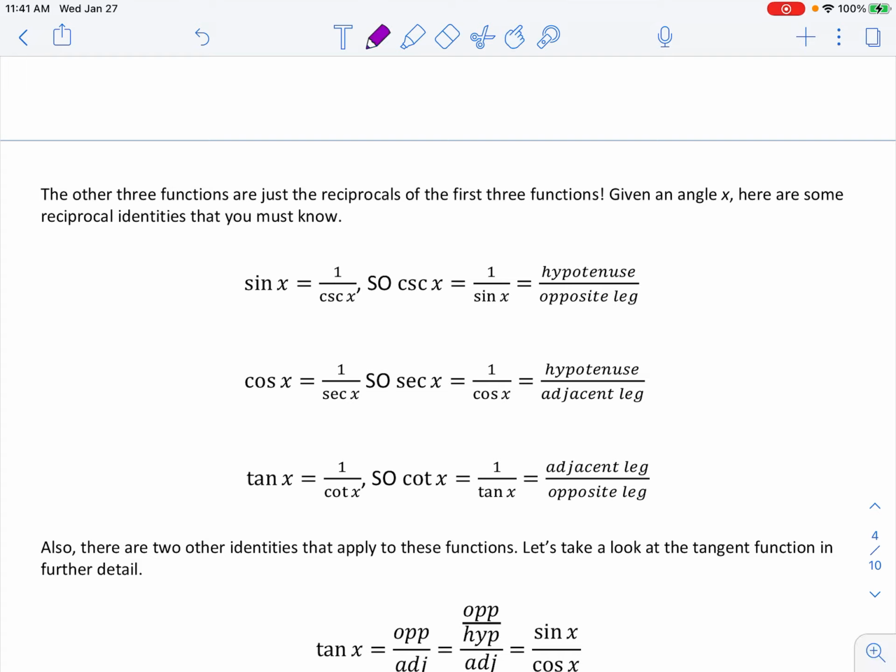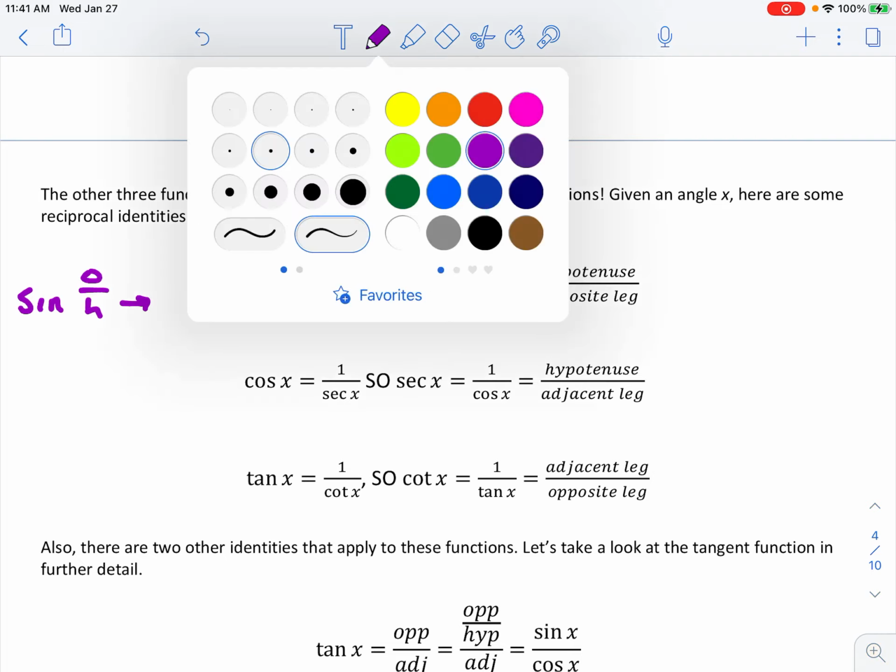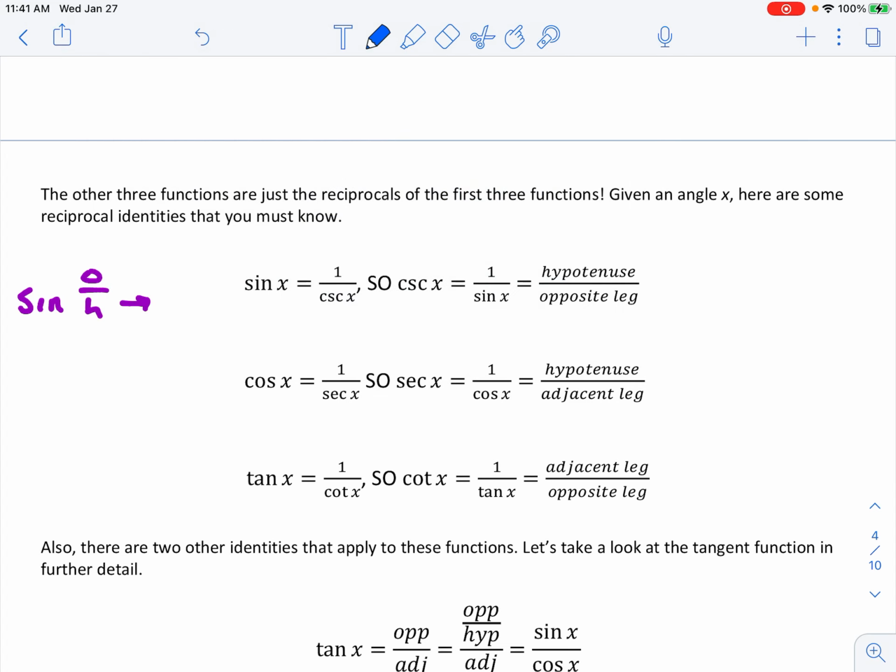So the way this works, and I'm going to squeeze it in over here, is that, remember, sine is technically opposite over hypotenuse. Well, what happens is cosecant is just it flipped. It's the reciprocal. So if it asks us to find cosecant, we're going to take whatever sine was and flip it to put the hypotenuse on top and the opposite side on the bottom.